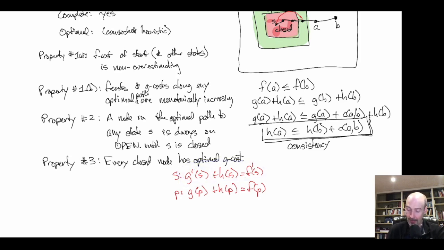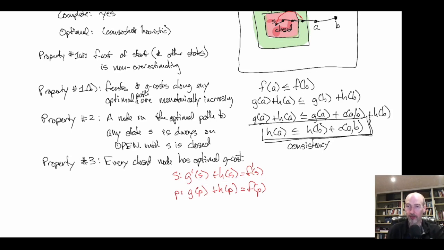Well, if we couldn't expand it, then this state would have to have higher f cost than the current f cost I have right now. But if this state has higher f cost, then when I follow the path and go from P to S, I'm going to find a shorter path to this state. I'm going to reduce this value, and therefore, because H stays constant, I would reduce the f cost of S.